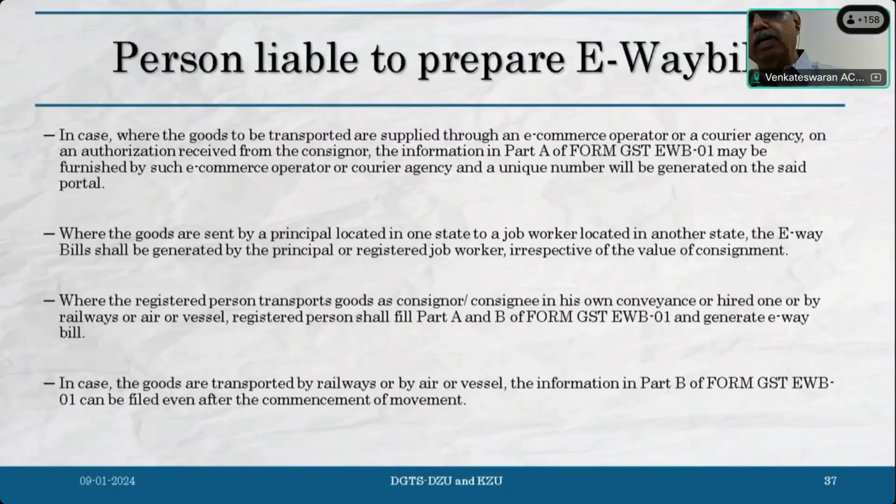Also please inform your transporter: if any problem is faced in transporting in between, immediately intimate you to extend the validity. If the validity is not extended, or if the vehicles are not properly updated in Part B, there is every possibility that your goods may be detained. So this compliance is very much required for the movement of goods based on e-way bills.